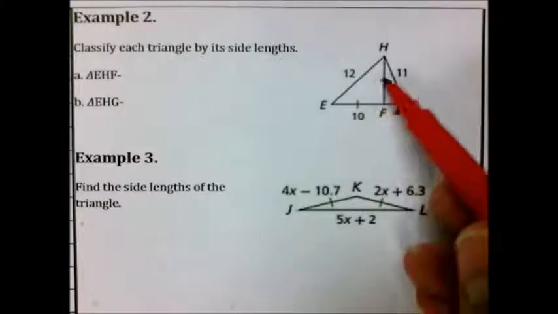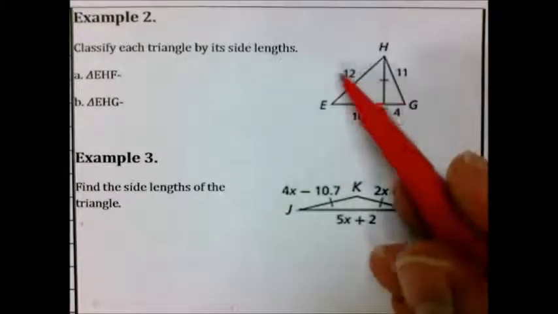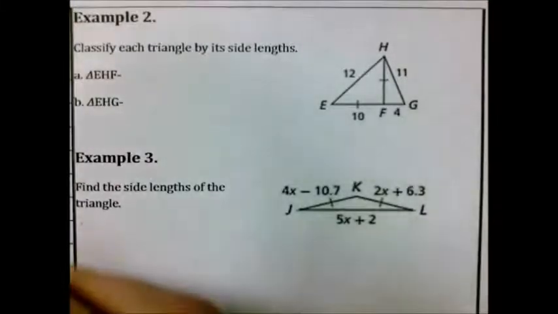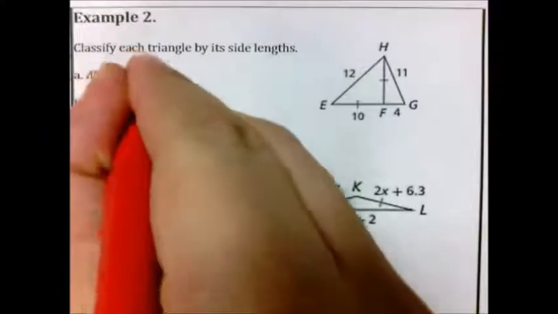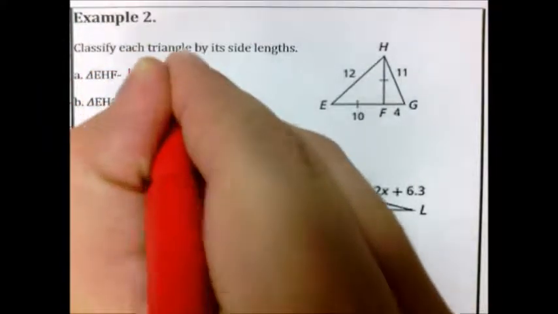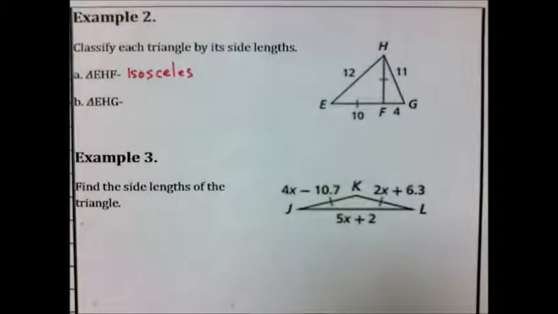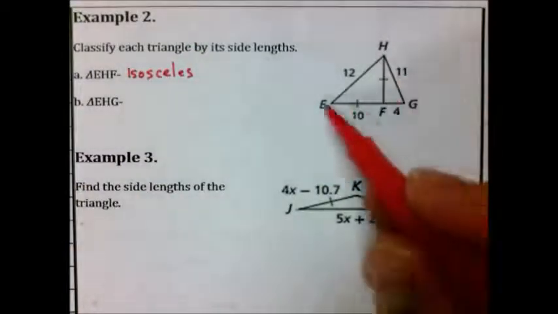So we have 2 congruent sides and 1 that is not. If we go back to our triangle classifications by side lengths, we'll see that a triangle that has at least 2 congruent sides is called an isosceles triangle. Isosceles is difficult to spell. It's I-S-O-S-C-E-L-E-S. So that one is an isosceles triangle.